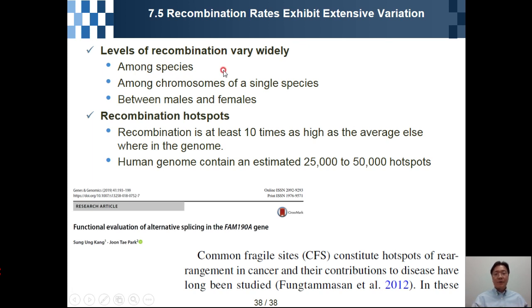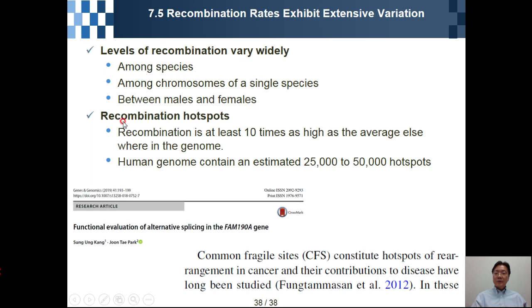Also, the level of recombination rate is different among chromosomes of a single species. For example, in humans, the recombination rate in chromosome 1 and in chromosome 2 is different. And also the level of recombination varies between male and female.